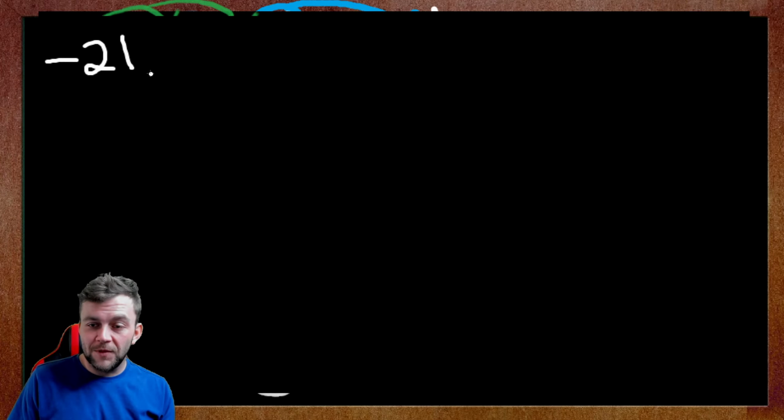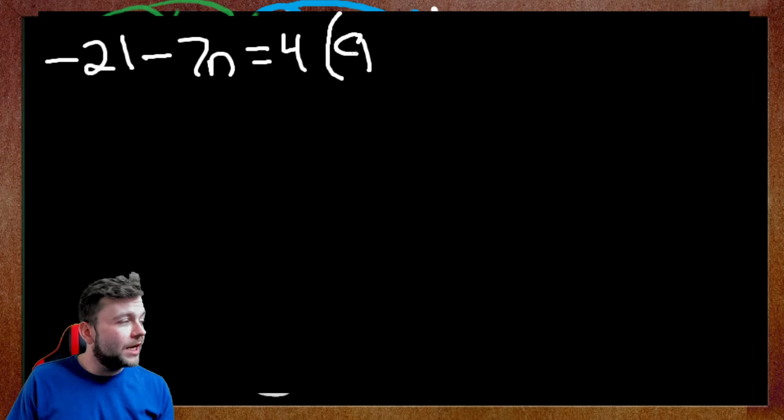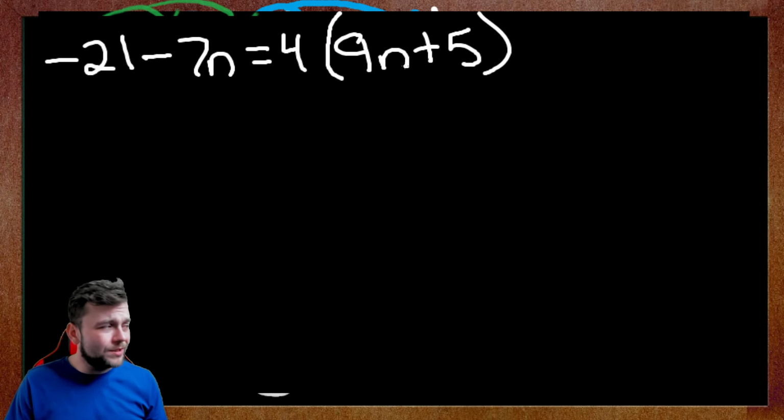Negative 21 minus 7n equals 4 parentheses 9n plus 5. Okay. Same business, right?